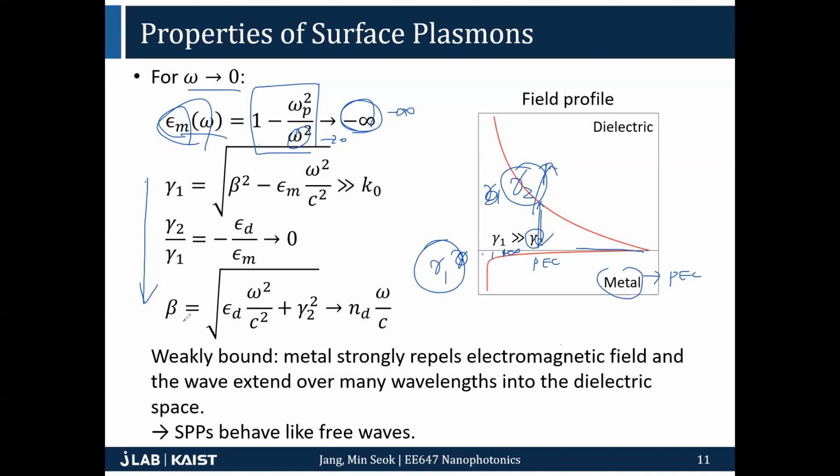And as a result, beta, which is defined like this, approaches, so this one can be negligible, so that beta approaches free space light, right? So that's why when omega goes to 0, your surface plasmon becomes almost like a free wave.